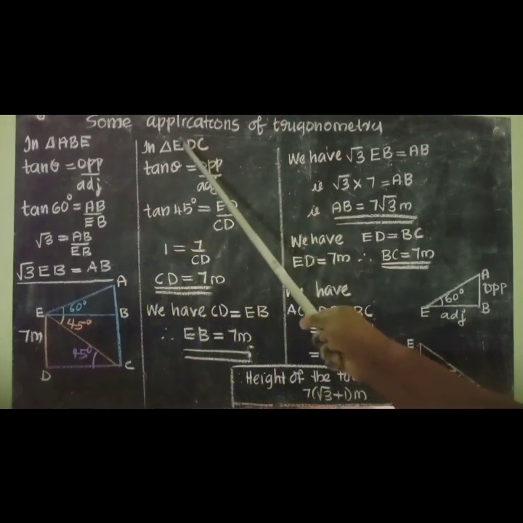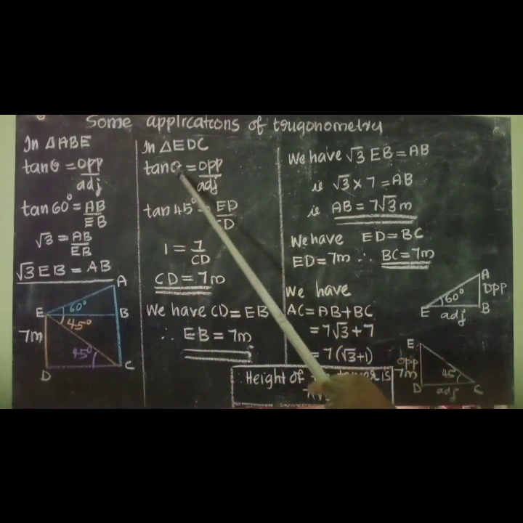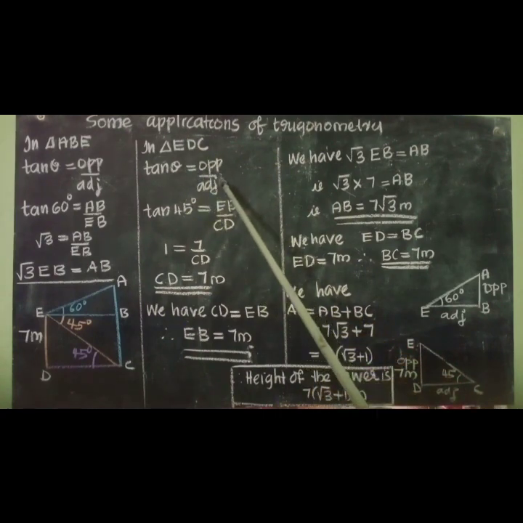In triangle EDC, tan theta equal to opposite side by adjacent side. In the second triangle, the acute angle is 45 degree. Opposite side is ED and adjacent side is CD. So, tan 45 degree equal to ED by CD.